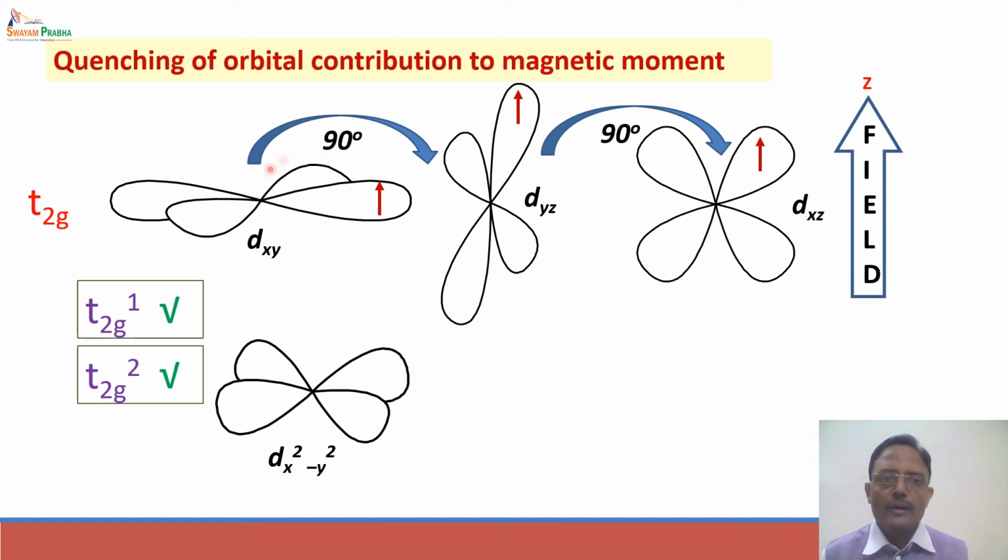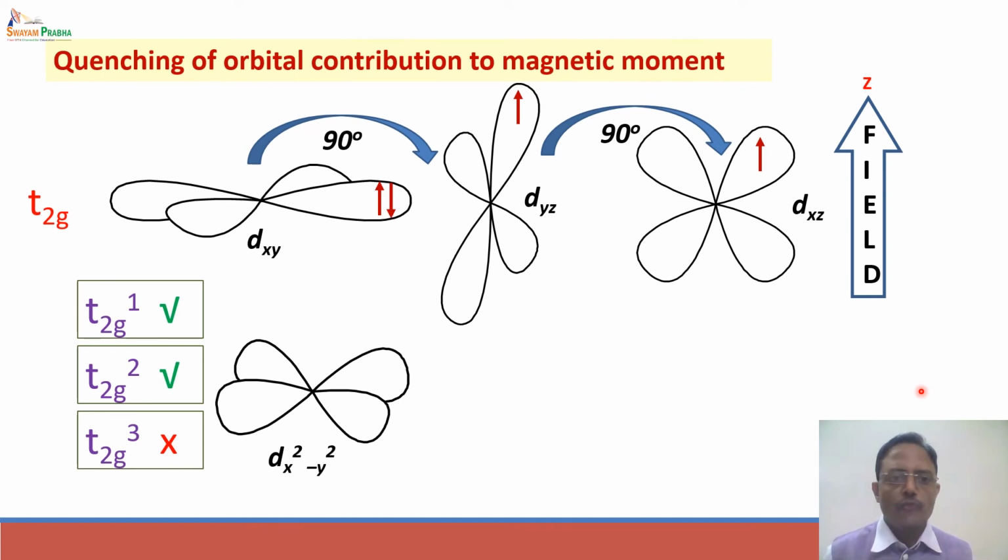So if there is a transformation from this to this, simultaneously there will be an opposite transformation from this to this. As a result, the total number of electrons having a z component will remain only 2. As a result, there will be no orbital contribution to magnetic moment, or we can say that the orbital contribution is quenched in the case of the T2G3 set.